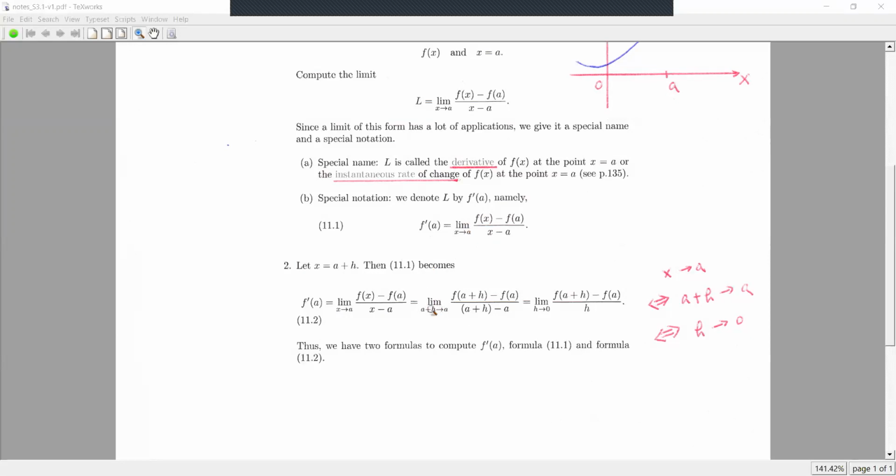Then what number is the variable h approaching? Approaching 0. a plus h minus a is h. Then we have a second formula to compute the derivative of the function f at the point a. The book calls this formula and this formula the definition of derivative of the function at a point a.